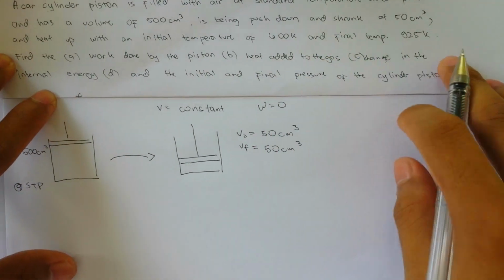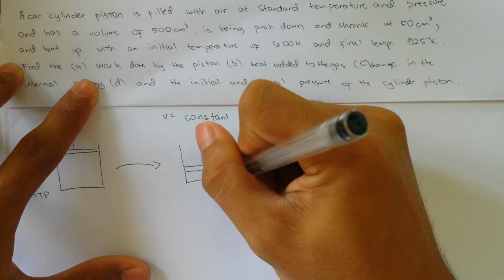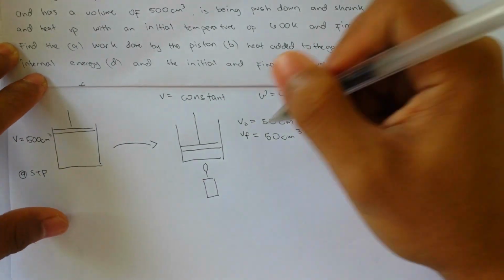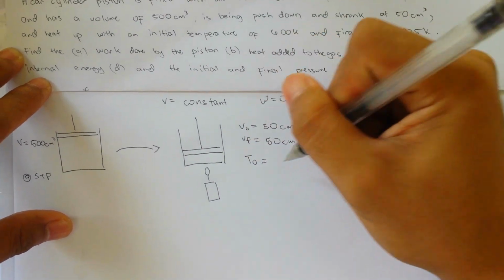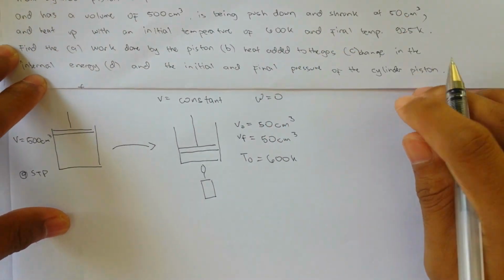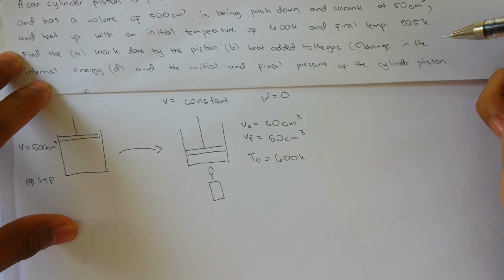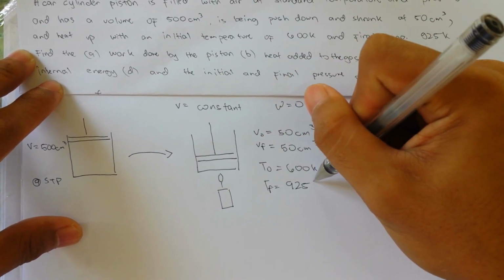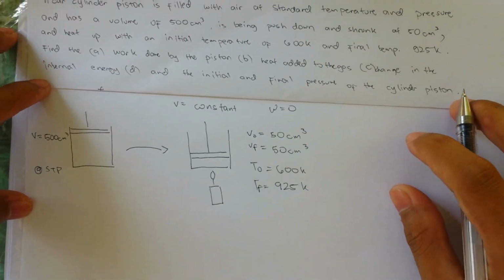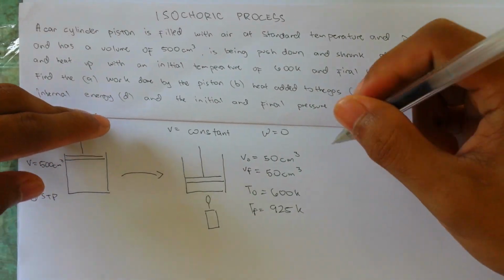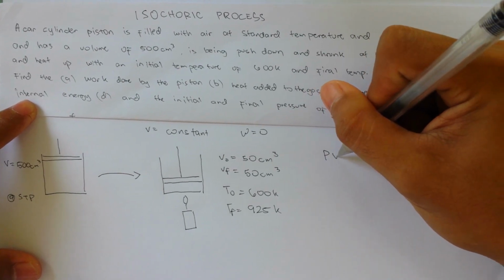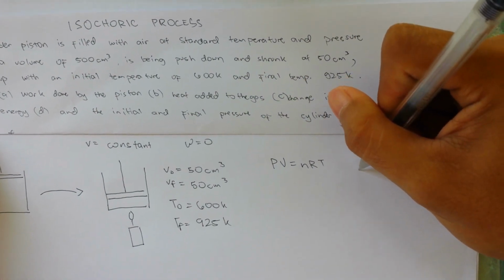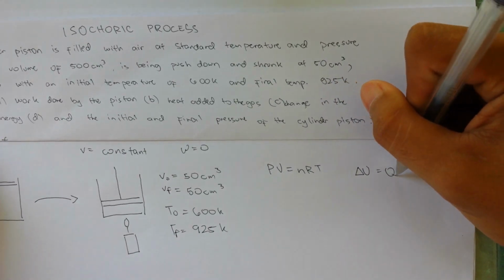And the given is, it is being heated up with an initial temperature of 600 Kelvin and a final temperature of 925 Kelvin. First, we're gonna identify our formulas, which are PV equals nRT, and change in internal energy equals heat minus work.